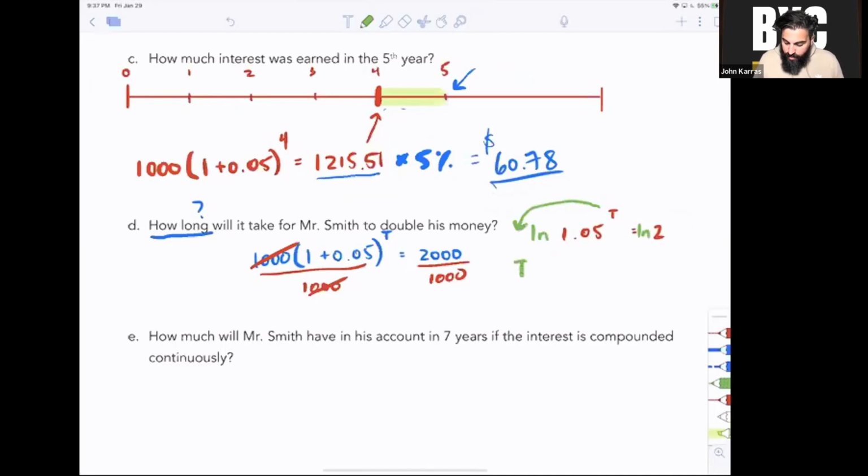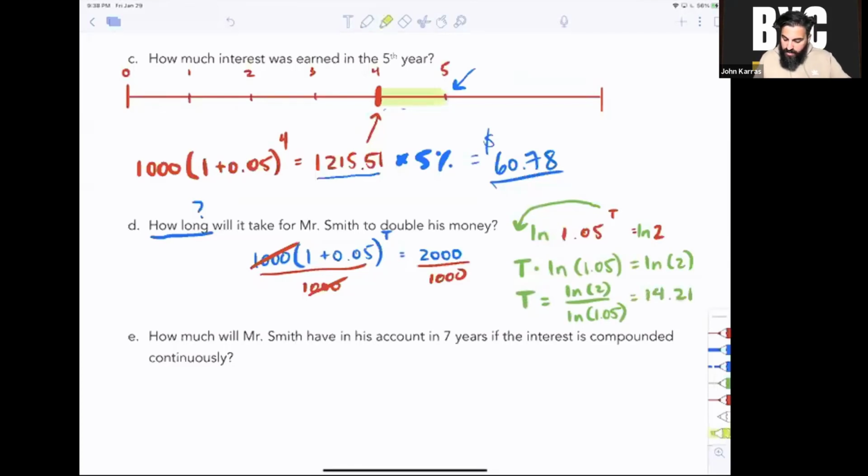I'm sure that rings a bell somewhere. So now this equals t multiplied by the log of 1.05 equals the log of 2, which you could then continue isolating: t equals the log of 2 divided by the log of 1.05. Now we go to our calculators and punch this in. A lot of you had already chatted to me, 14.21. That's perfect. It would take roughly 14.21 years to double your money.